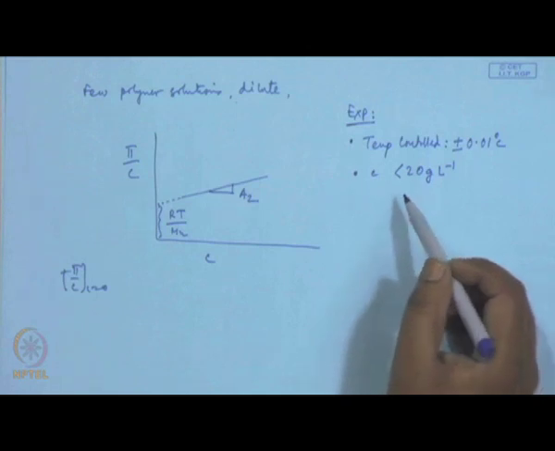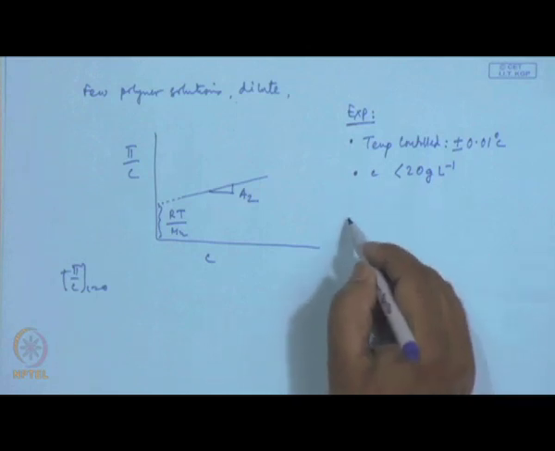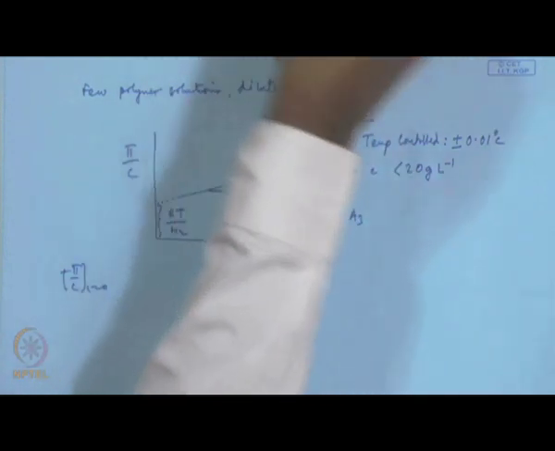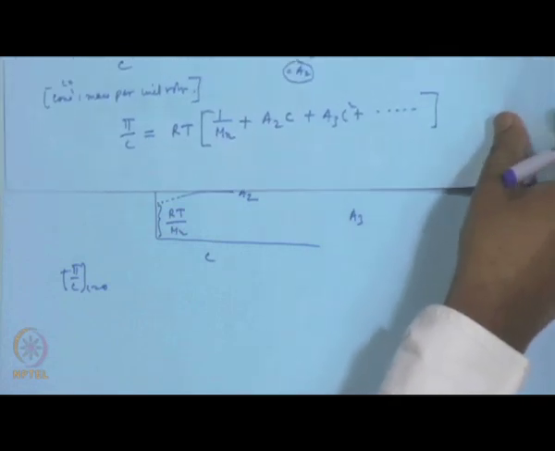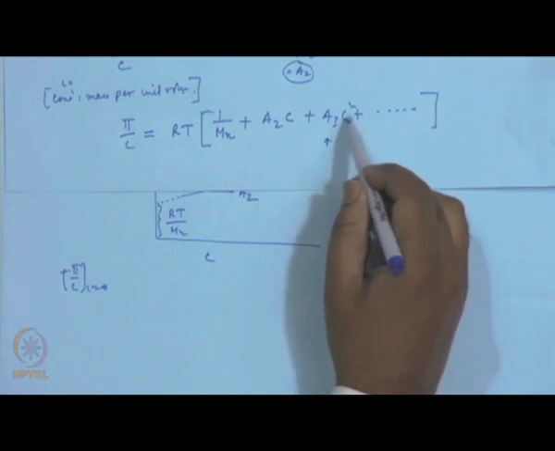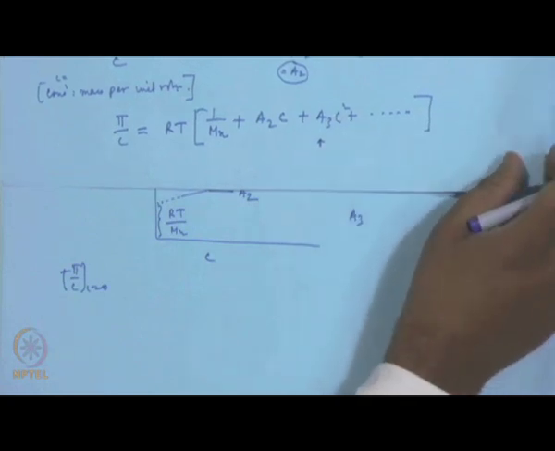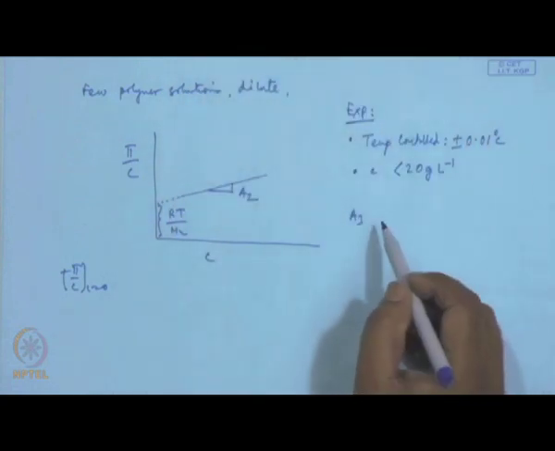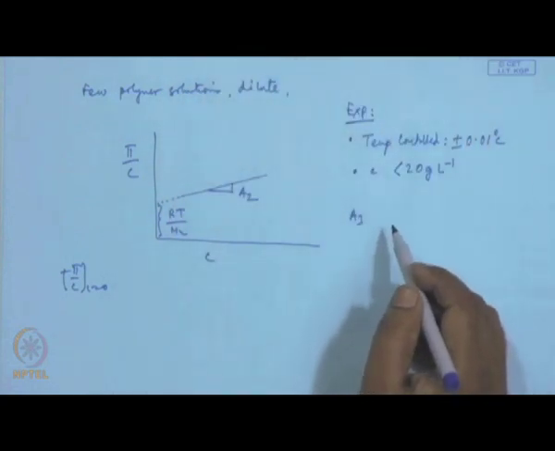If the solvent becomes good, then the term A3 in this expression may become significant, which means C square terms may also contribute.